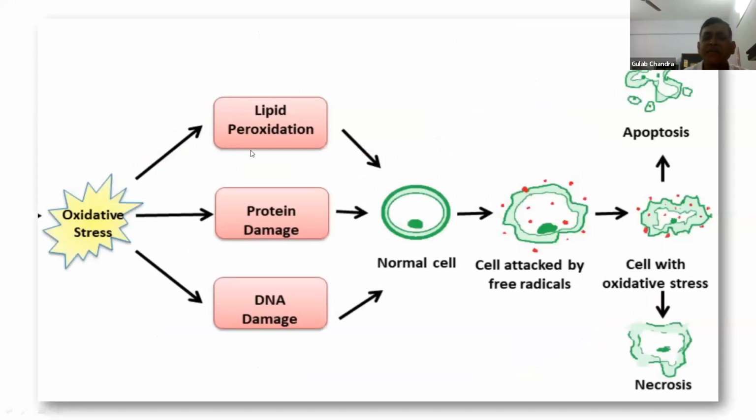In this picture, it is shown how oxidative stress damages the lipid, protein, and DNA, and how normal cells change into abnormal cells, where some are apoptotic and some become necrotic, and this may cause cancer also.